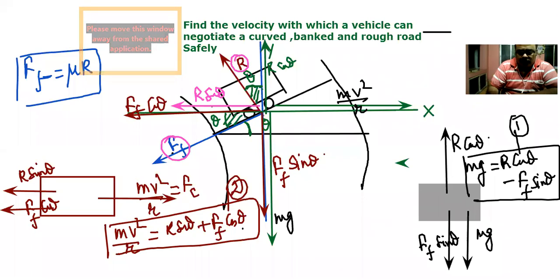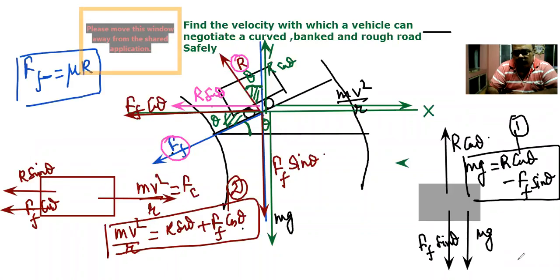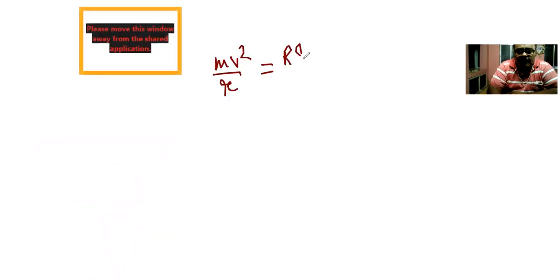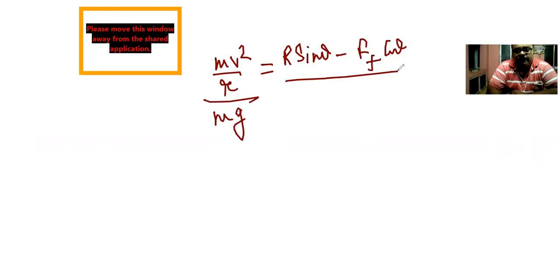Now, what can I write? I can therefore write mv square by r is equal to, that we have already got, R sine theta minus frictional force cos theta divided by mg, because what I have done is divide equation 2 by equation 1.